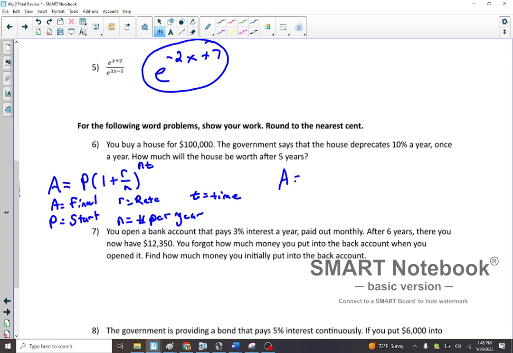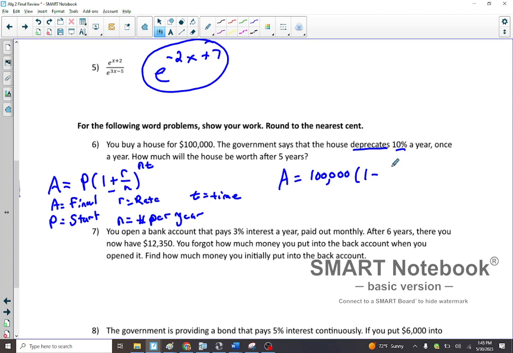So the amount equals, since I bought the house for 100,000, the value of it is 100,000 times 1 plus the rate, which is 10%, but it's depreciating. This is important. Because it's depreciating, it's a subtraction.